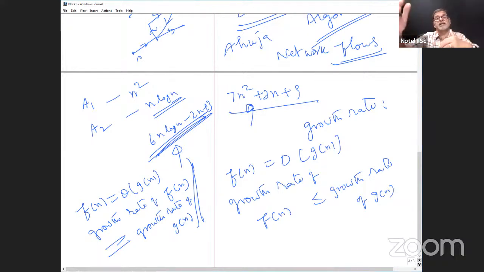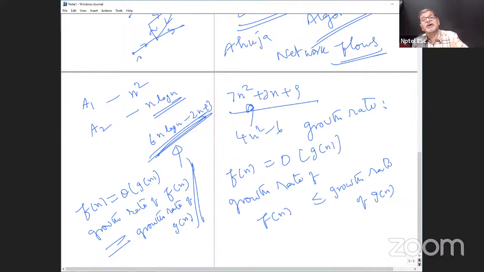As n becomes larger and larger, you can see that 7n square plus 3n plus 9 and 4n square minus 6 both grow in a similar fashion. They all grow like n square, right? That is the reason why we determine the growth rate.